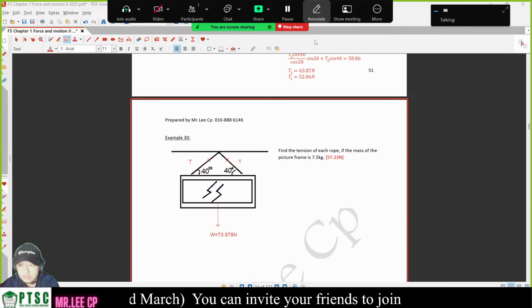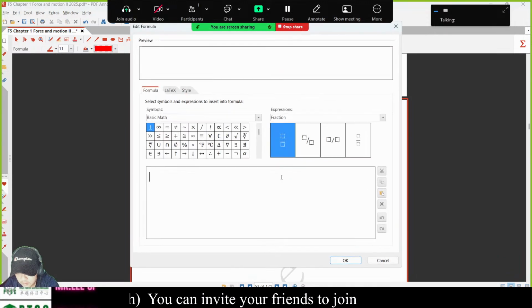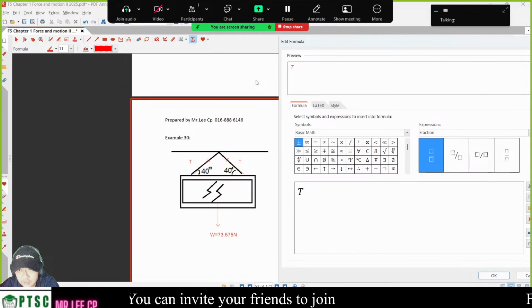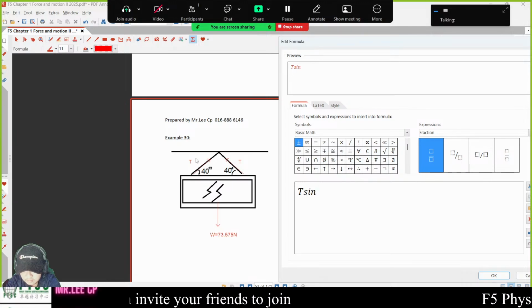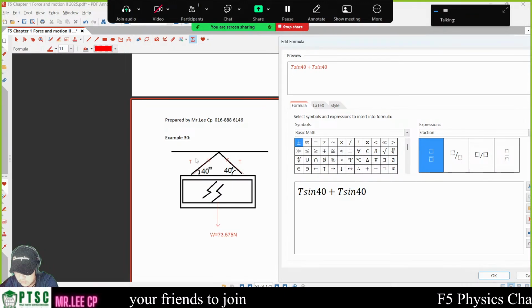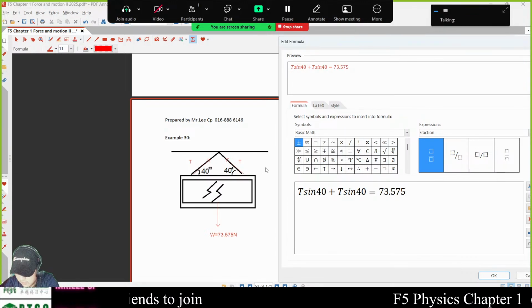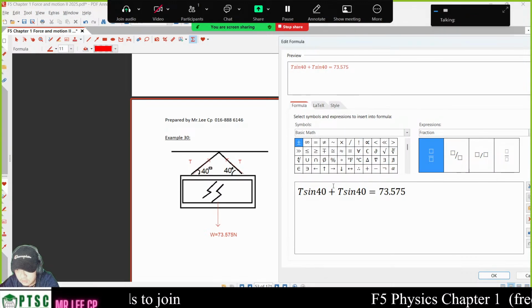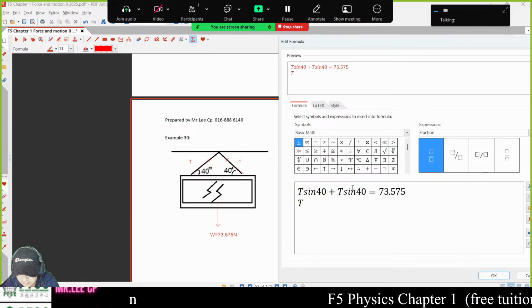The force going upward is T sine 40 plus T sine 40 is equal to 73.575. So T you factorize out.